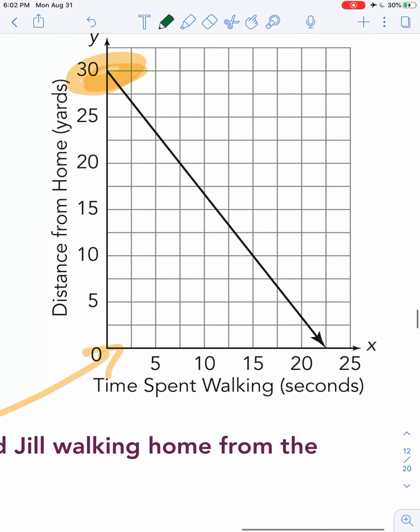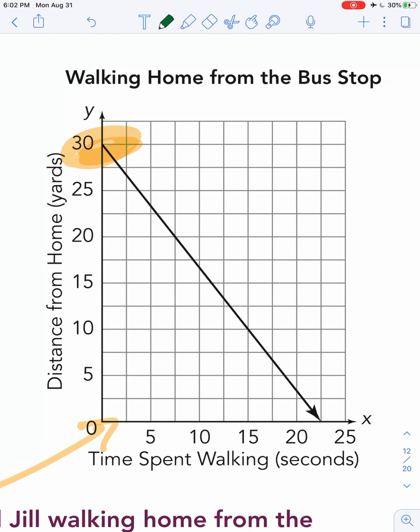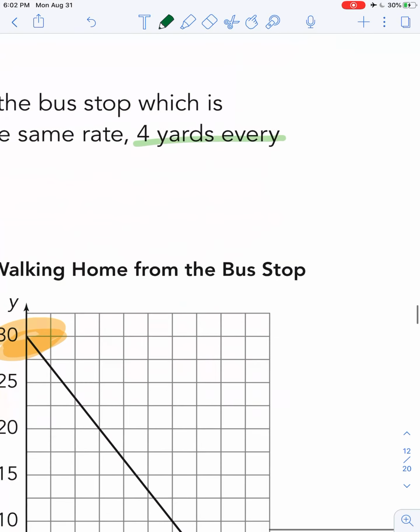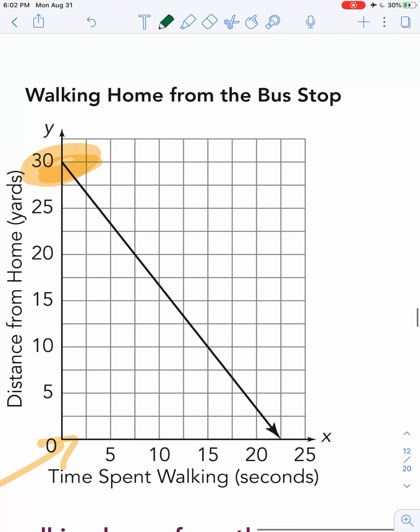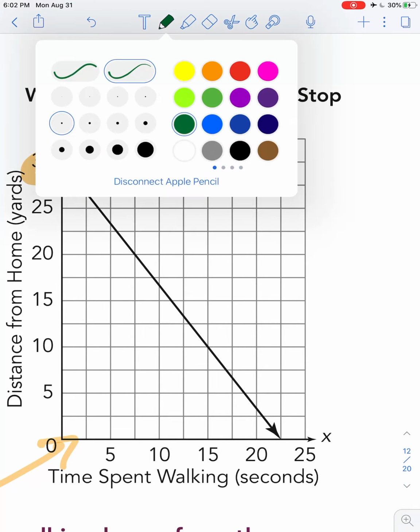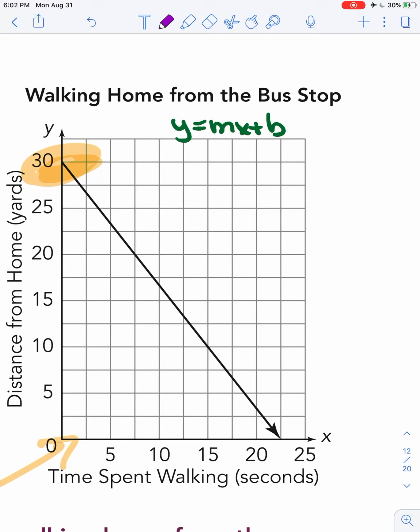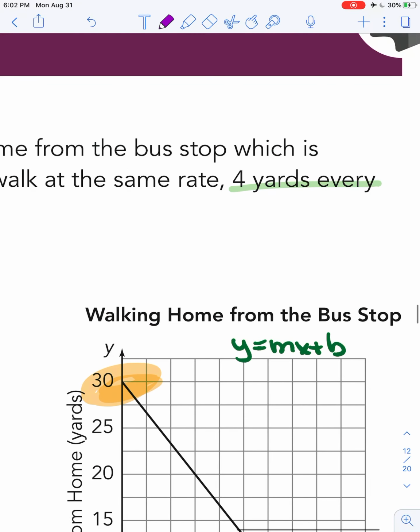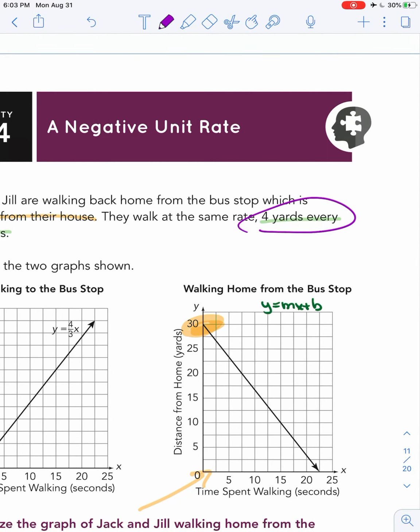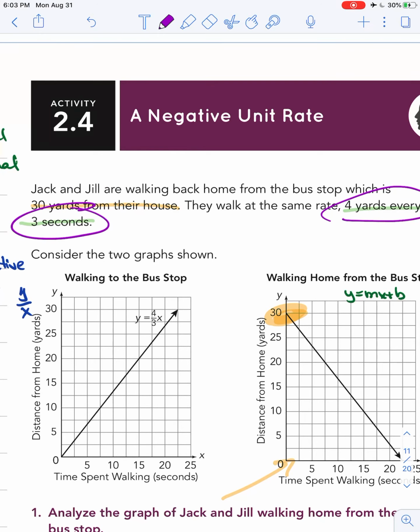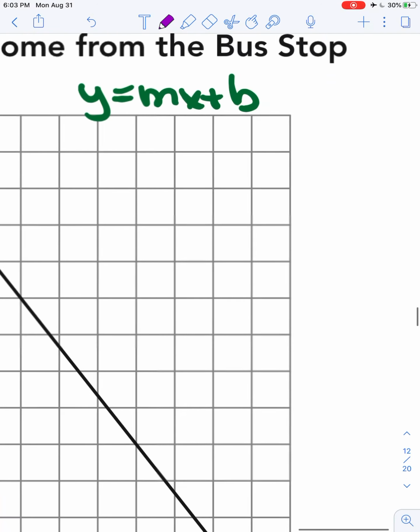So, first things first. Is it proportional or not? It's not proportional, so that means we're using this form. Then it said to find the slope. Okay, well, didn't it tell us that the slope was exactly the same right up here? So that means the slope is still the same. Okay, slope is this.